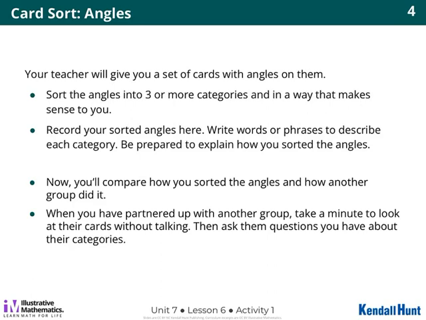Not me. I mean, I might agree with you. But a way that makes sense to you. So you might have yours separated differently than your neighbor. And that's okay. You're going to record your sorted angles here. Open your book. Is there space for you to record your sorted angles? Lots of open space.